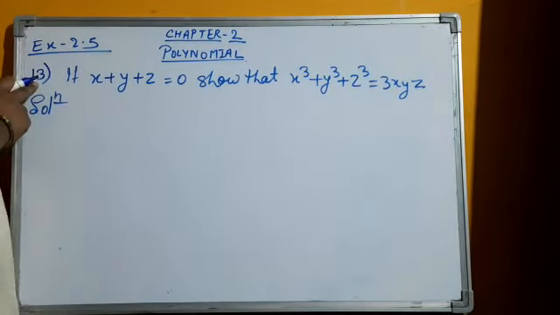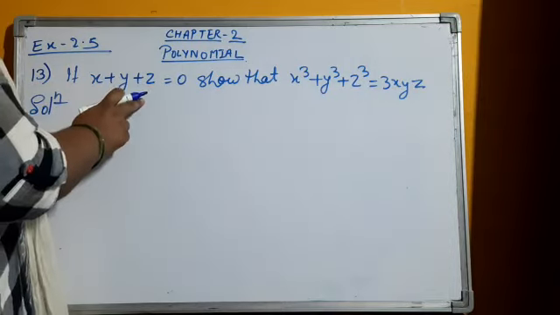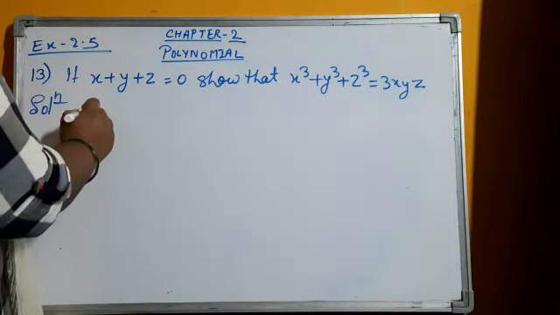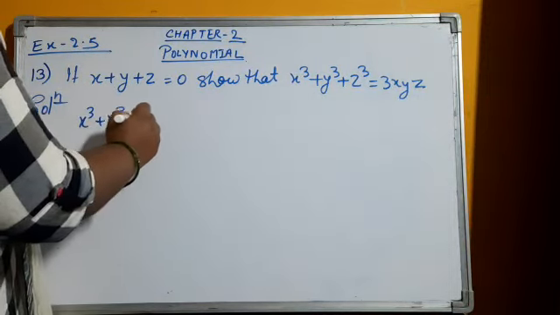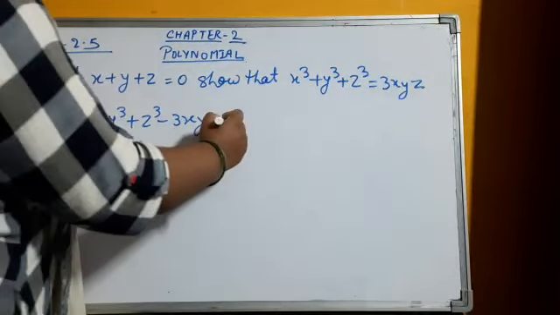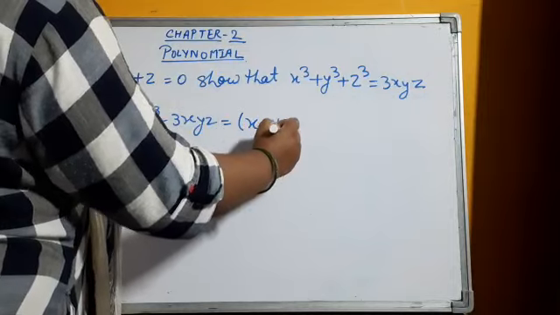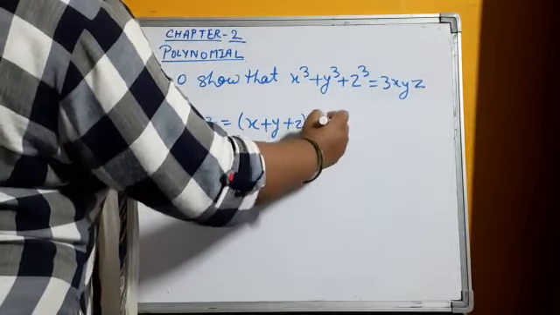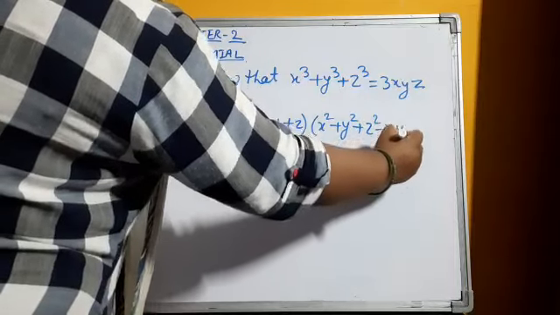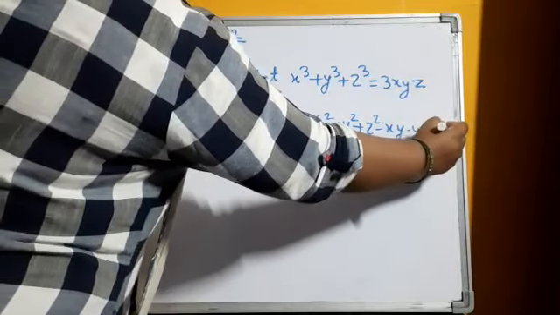See students, question number 13. If x plus y plus z is 0, then we have to show that x cube plus y cube plus z cube is equal to 3xyz. Just now we have seen the formula: x cube plus y cube plus z cube minus 3xyz is (x plus y plus z) multiplied by (x square plus y square plus z square minus xy minus yz minus zx).